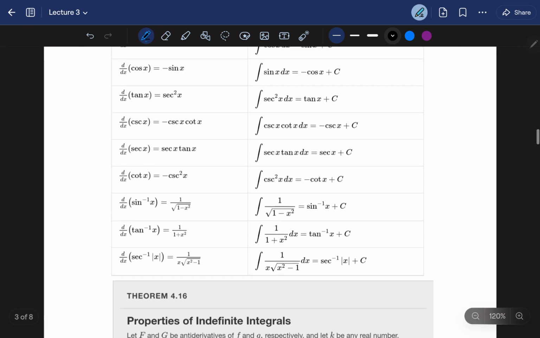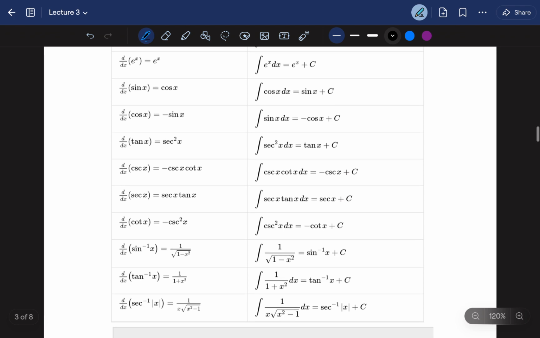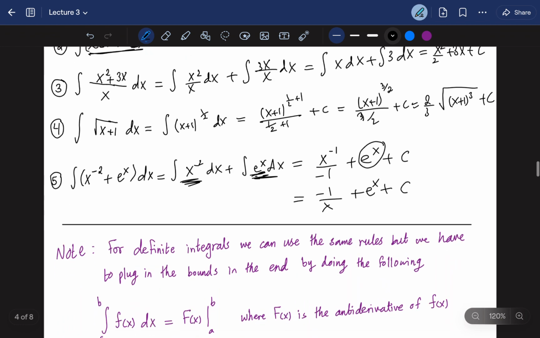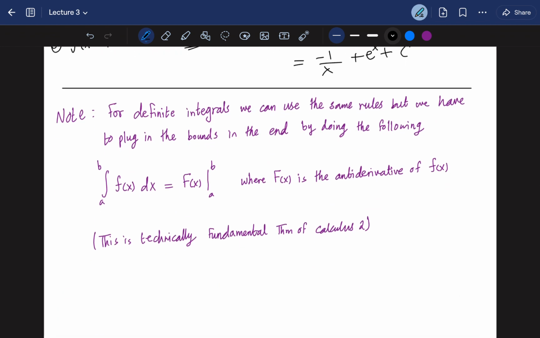Okay, so if you look here, these are pretty basic functions. By the end of this chapter and going into chapter 2, we're going to develop methods and techniques where I can integrate almost any function using different techniques and methods. Okay, so that's the indefinite integral in general.